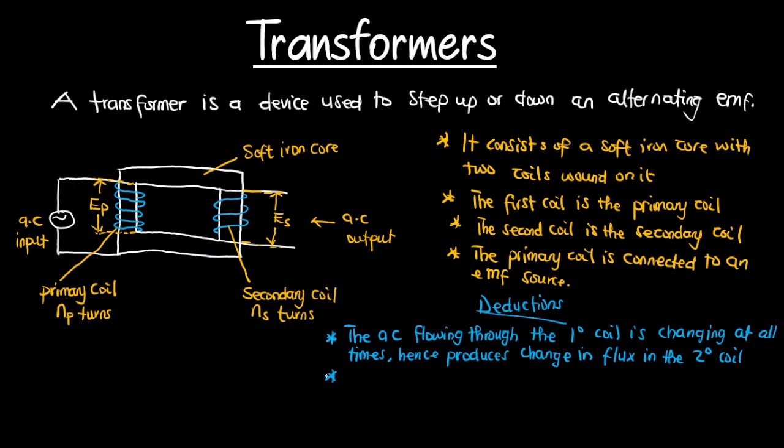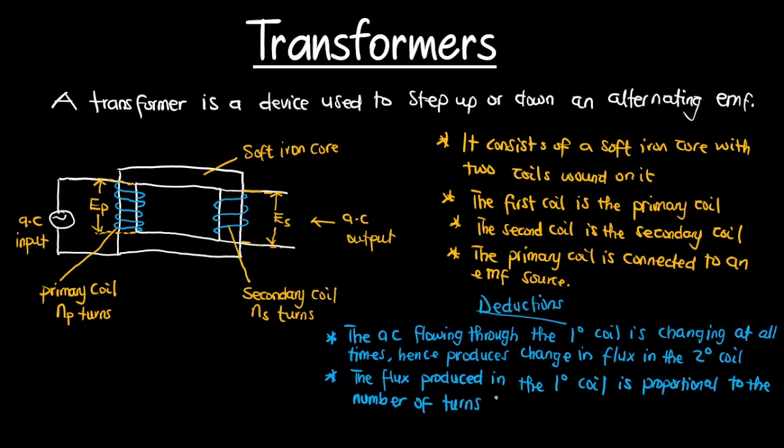So we are saying, basically, let's quickly write that. The flux produced in the primary coil is proportional to the number of turns, the number of turns for primary is NP, and the current IP, which means the current in the primary coil.